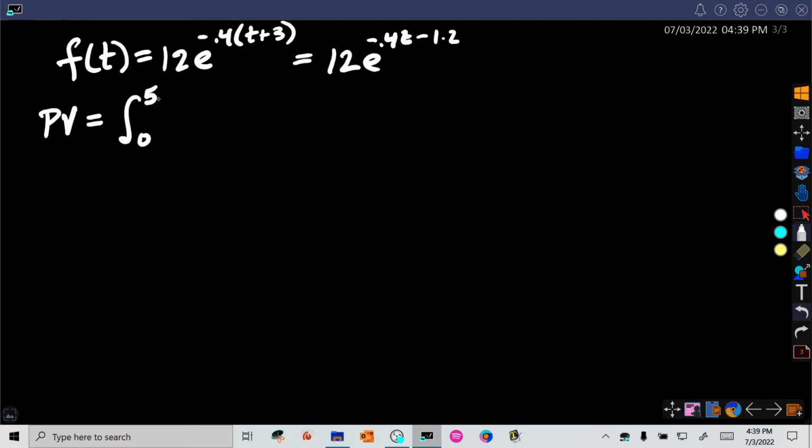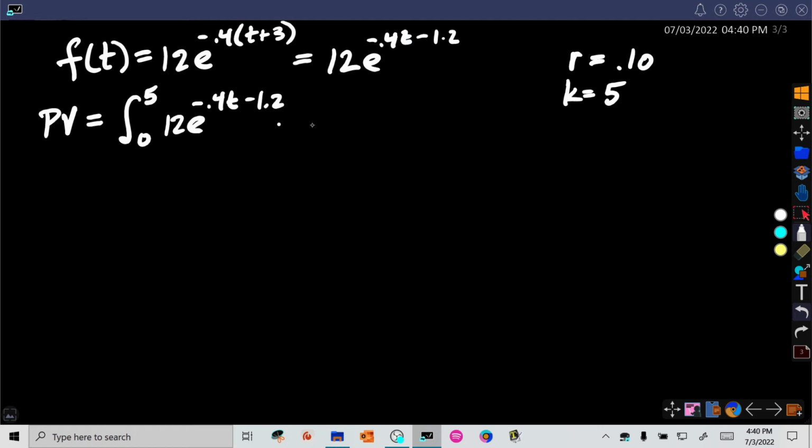10% compounded continuously. So R is equal to 0.10, which is 10%. My K is going to equal 5, which was given as well. And then I have to just substitute it in. So this is going to be between 0 and 5 of my function, which is 12e to the minus 0.4t minus 1.2.